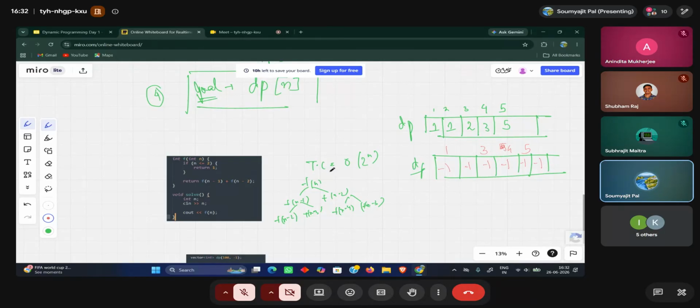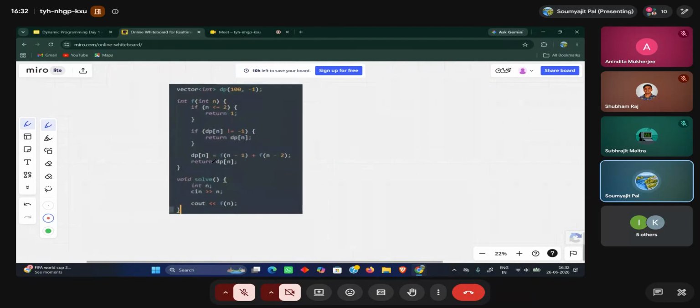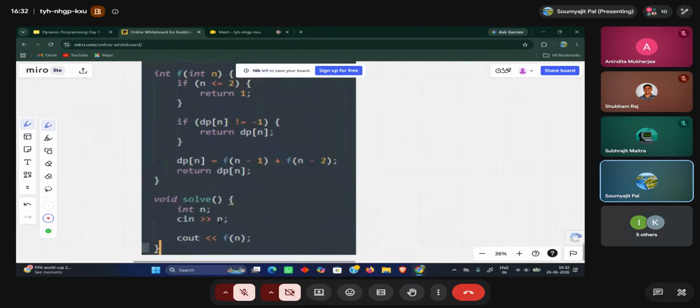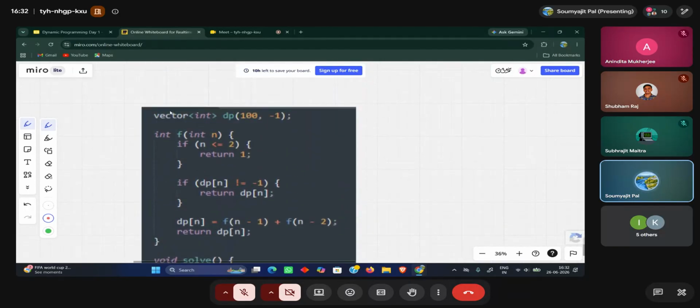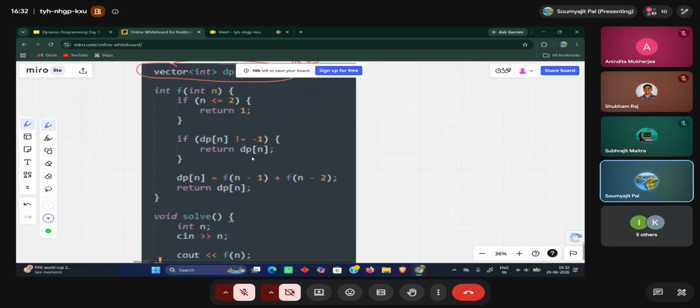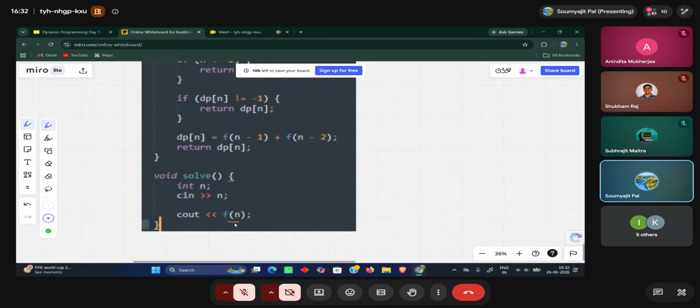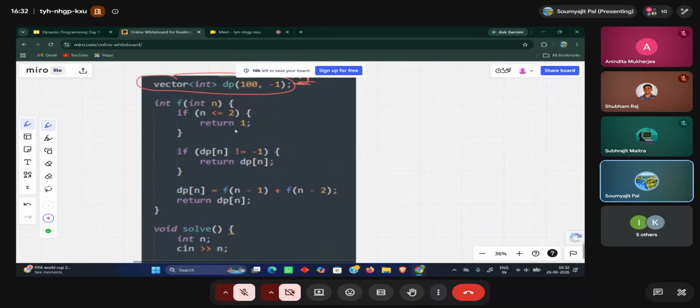So when I see the code, we have a certain global DP array that will store the answer of my subproblems. I'm basically calling the F function. These are my base cases.